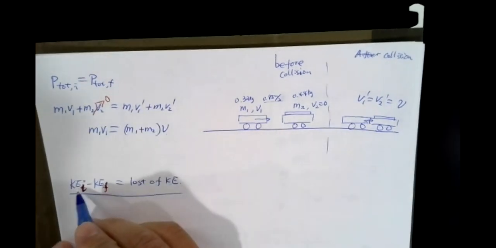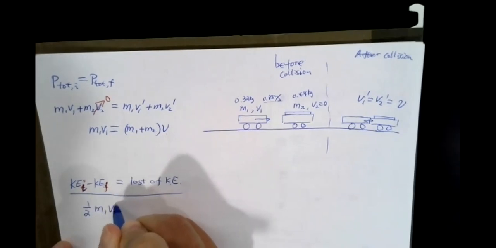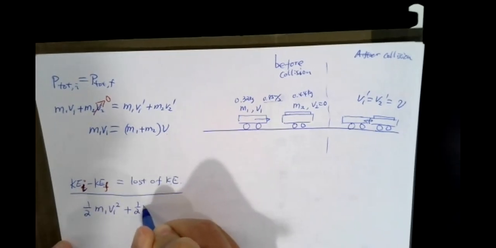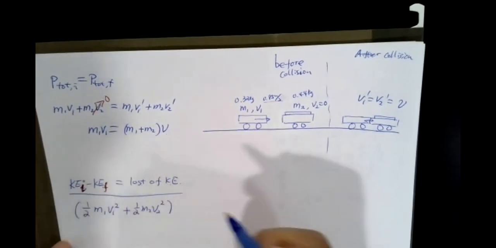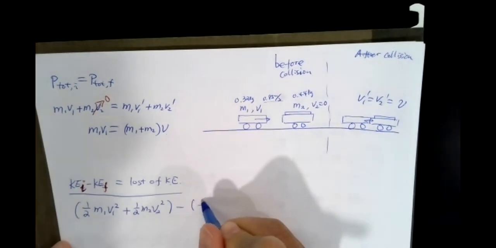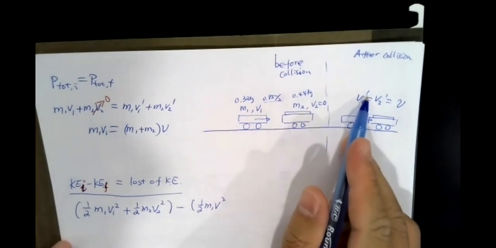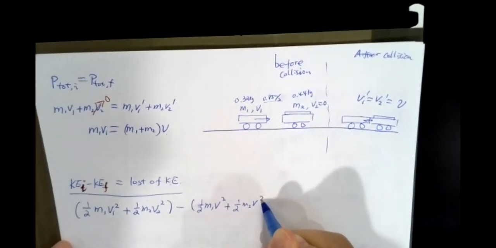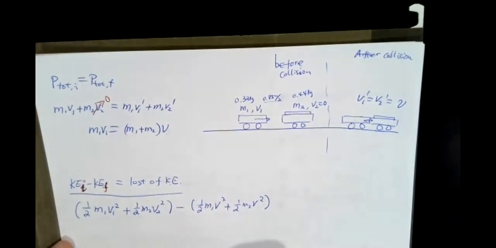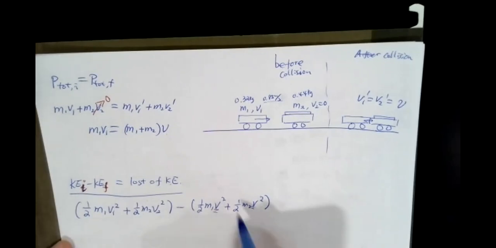So that's the difference here. If you are looking for the loss, then you'll be doing 1/2 m1 v1 square plus 1/2 m2 v2 square initial, minus the final kinetic energy, 1/2 m1 v1 prime square plus 1/2 m2 v2 prime square. So you need to know the final velocity of the two together in order to calculate this.